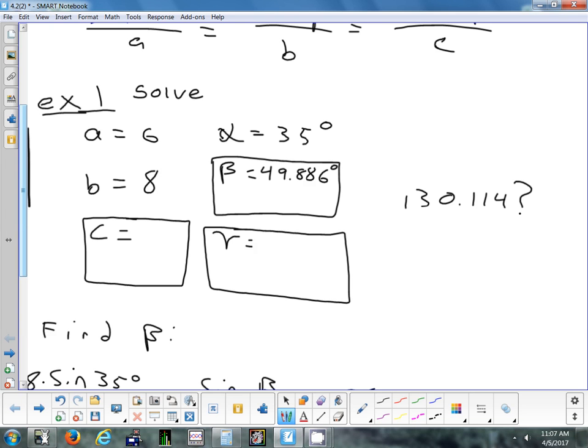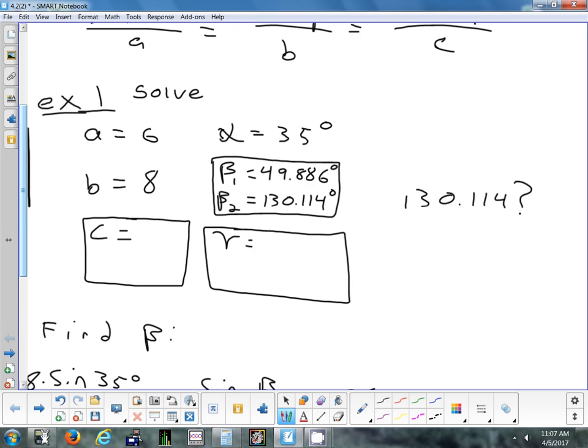Okay, so we need to write that 130 down as another answer. And what I'll do, just to make them different, is I'll call it beta 1. And the second one, I'll call beta 2. So any question on how we found the second answer or how we determined that it's going to work this time?